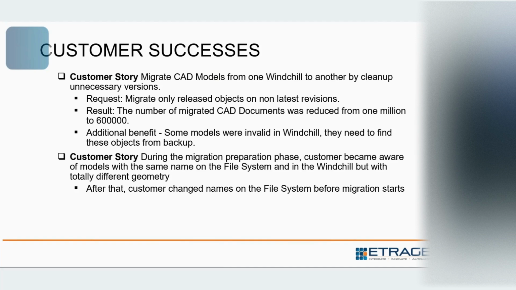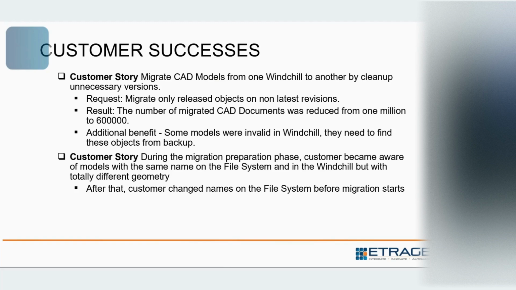In the second story, during the migration preparation phase, the customer became aware of models with the same name on the file system and in the target Windchill, but the geometry was totally different.